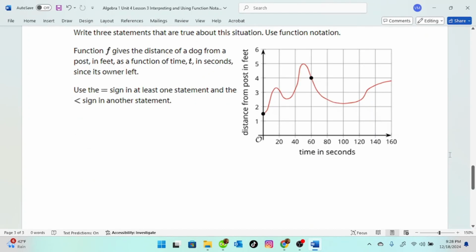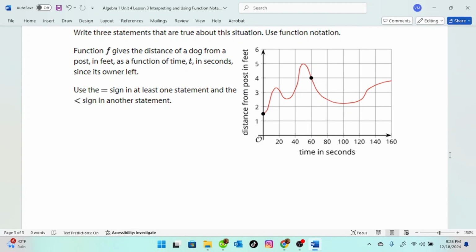Our last practice problem: write 3 statements that are true about this situation. Use function notation. Function f gives the distance of a dog from a post in feet as a function of time, t, in seconds, since its owner left.